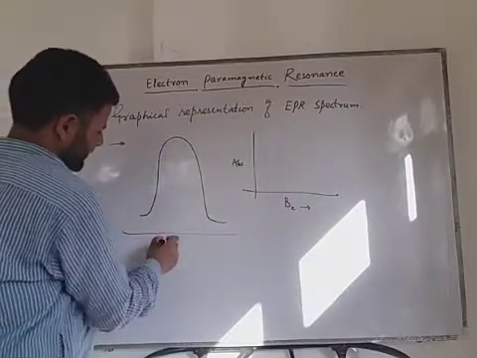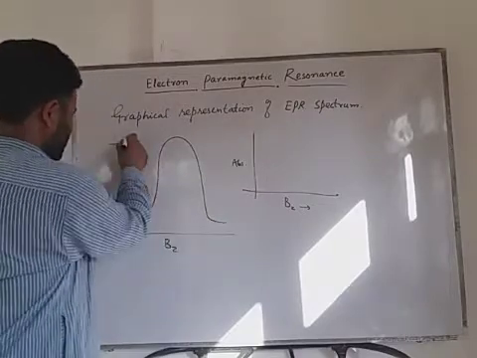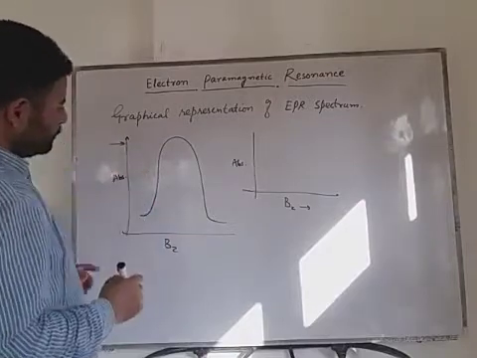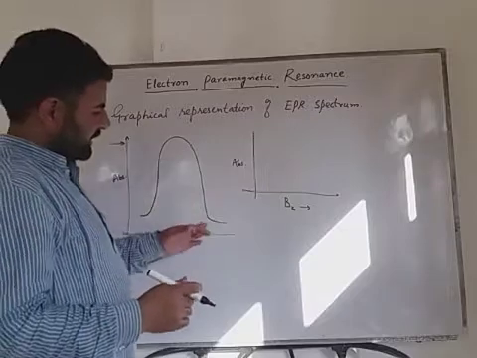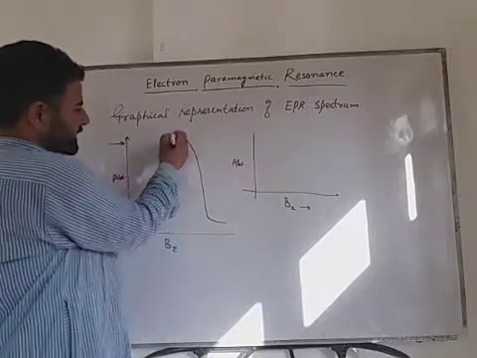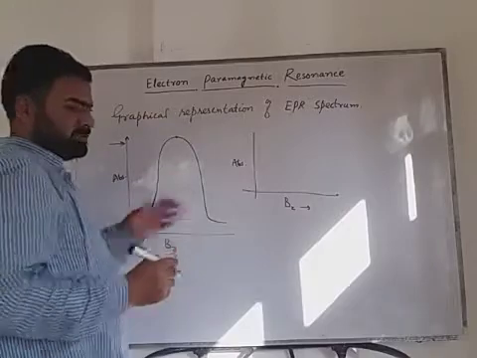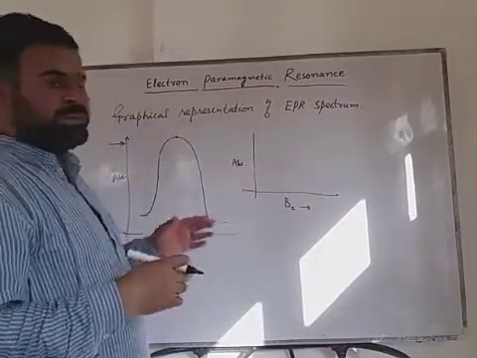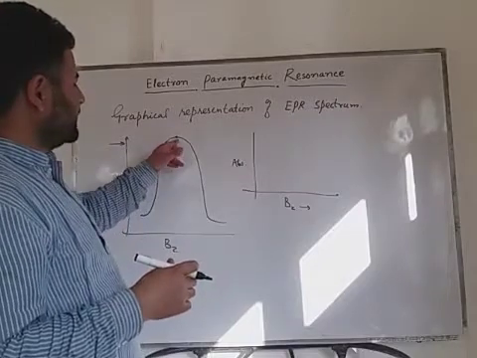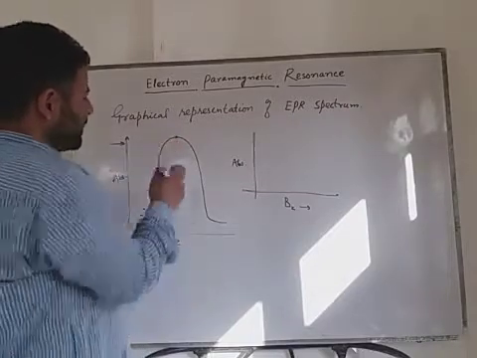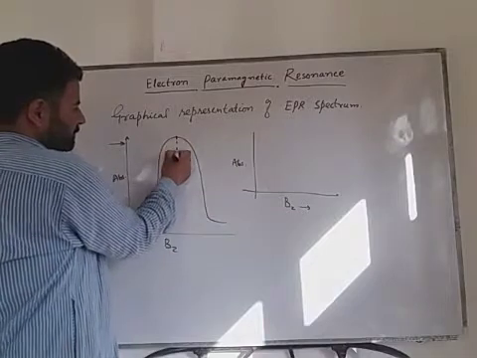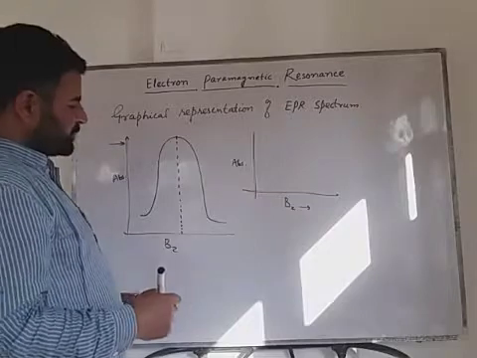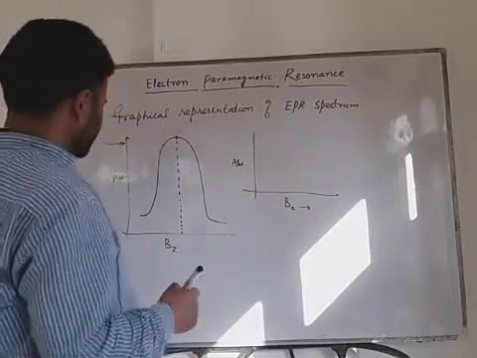If this is the magnetic field and this is the absorbance, it is very difficult to find the maxima, because the peak is very broad, so we cannot exactly determine the maxima of this peak. The exact maxima is almost impossible to find from this peak.